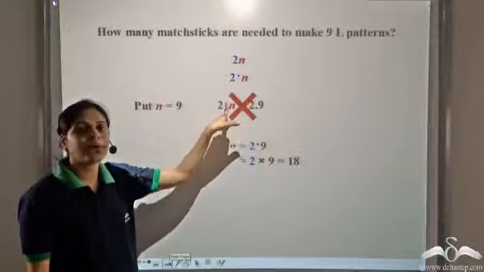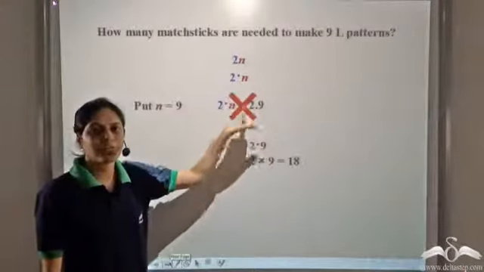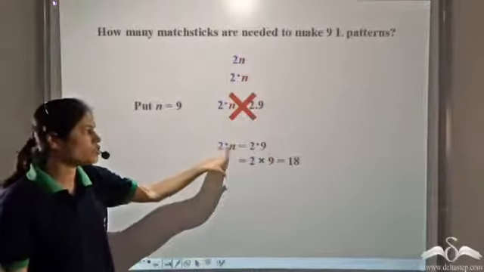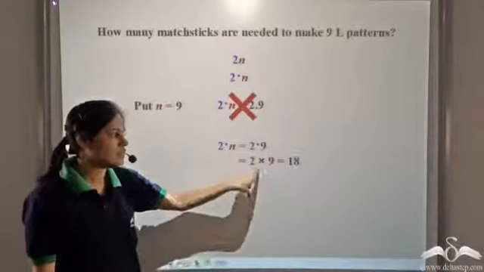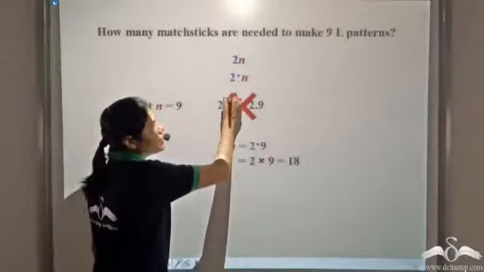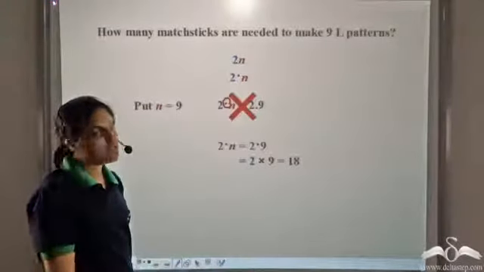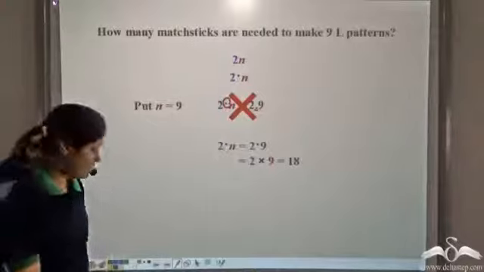It represents multiplication. So we cannot replace it with a decimal point. This 2.n is equal to 2 into n, which becomes 18. The difference is over here, the dot is placed in the center and here it is placed at the bottom.